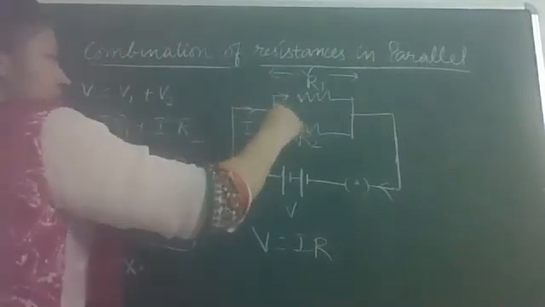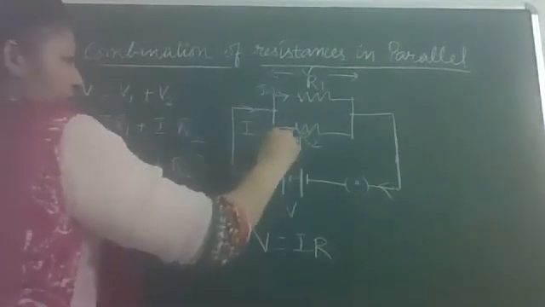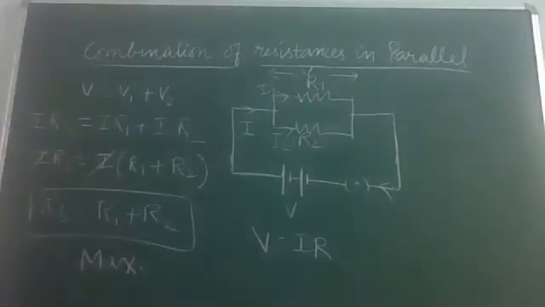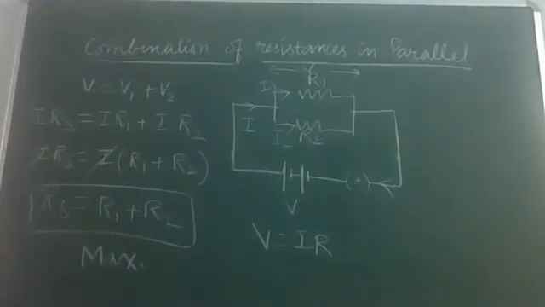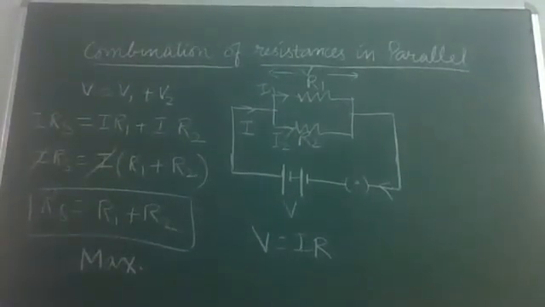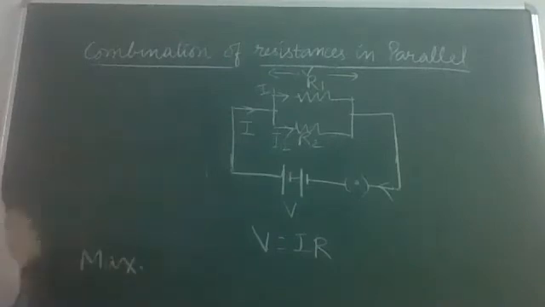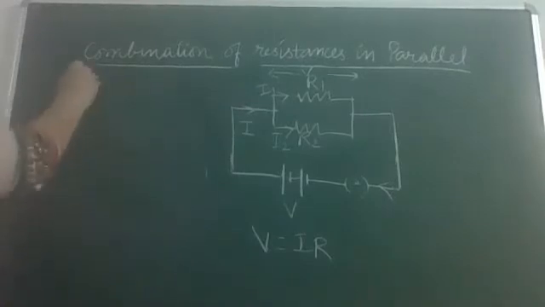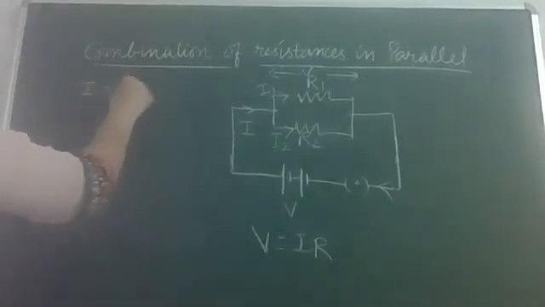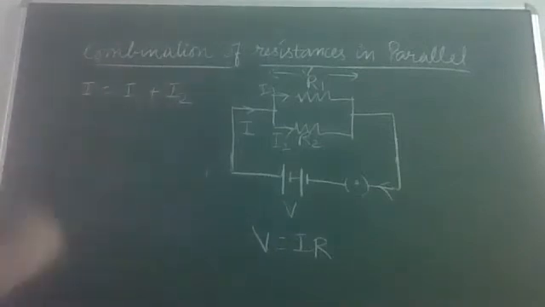And current splits. Current gets divided into parts now in parallel. So in place of V equal to V1 plus V2, we will have I equal to I1 plus I2 here. Total current is the sum of two currents.